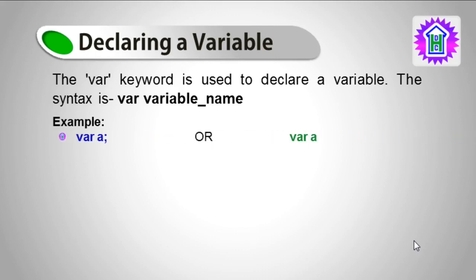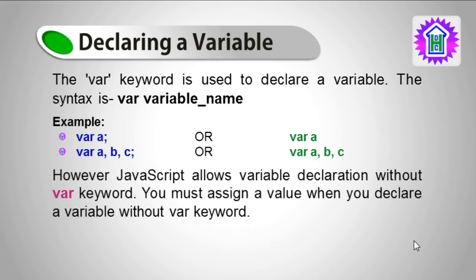Var a semicolon, or it can be written as var a without the semicolon also. Next one, declaring a, b, c, three variables at once. So var a, comma b, comma c followed by semicolon, or it could be written like var a, comma b, comma c.